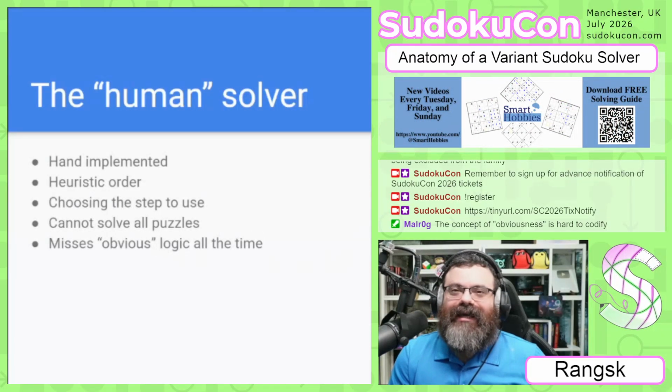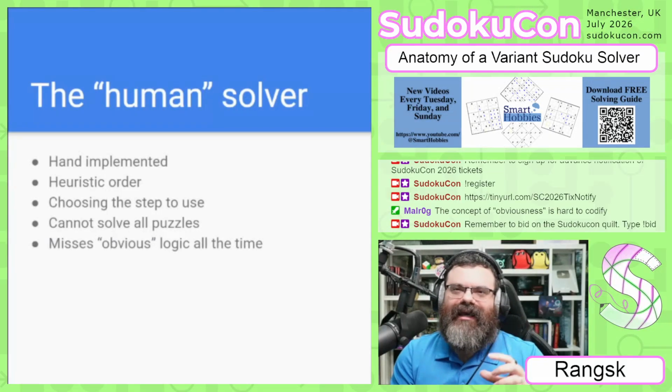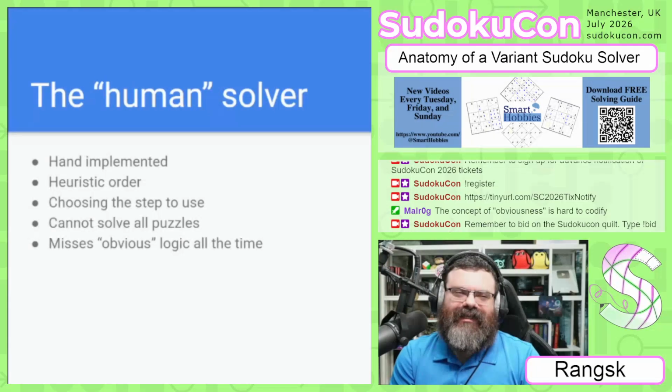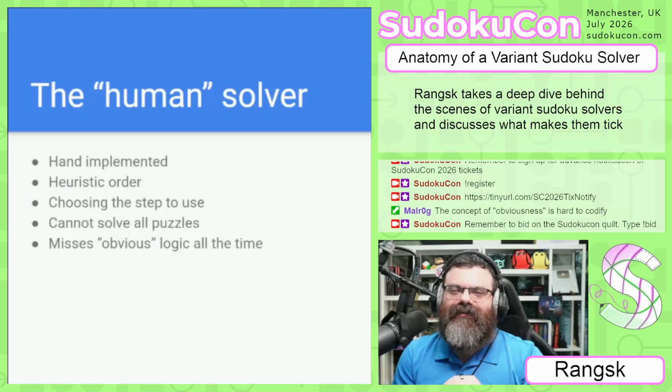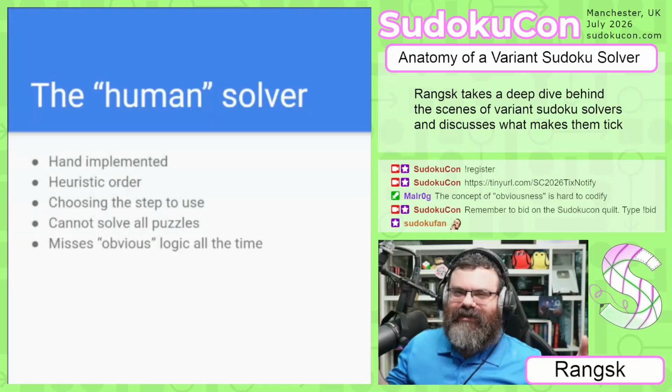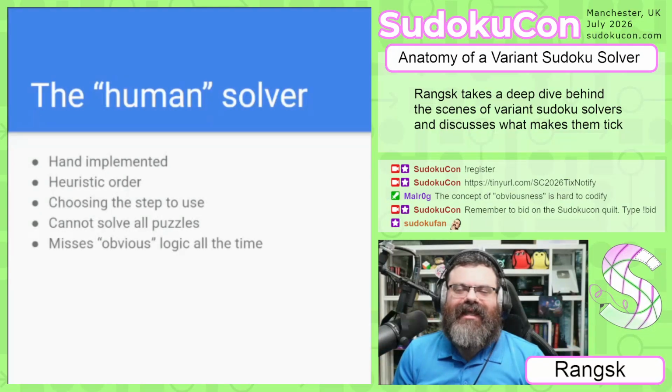And then also, I get this complaint all the time. It missed this obvious thing. Like, hey, I have these two killer cages, and it's obvious that they interact in this way that every human's going to see. But my solver treats that killer cage as one thing and that other killer cage as another thing, and it doesn't see how they interact, and it misses that.